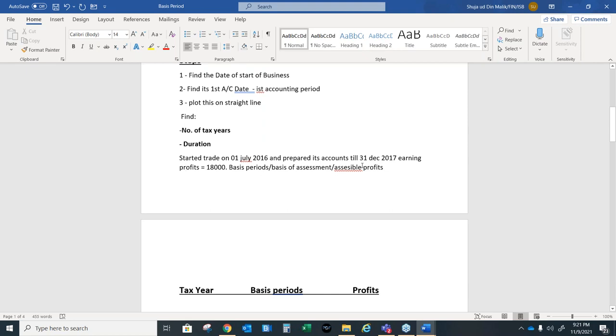So can any of you plot it on the straight line and tell how many tax years are involved in this first accounting period? 2016-17 and 2017-18, two tax years.